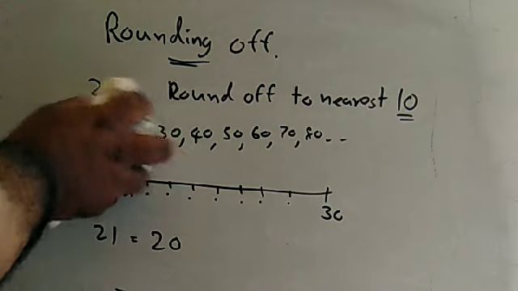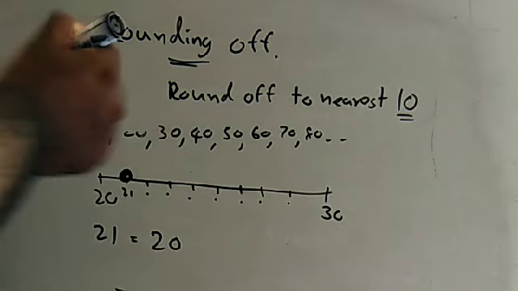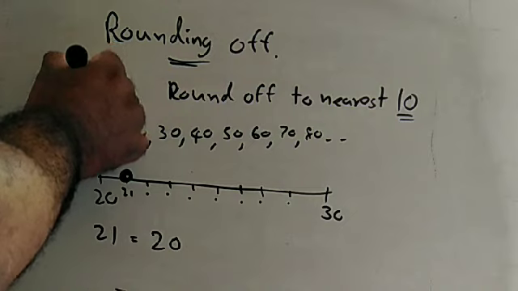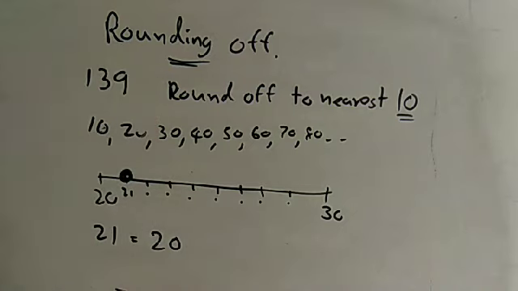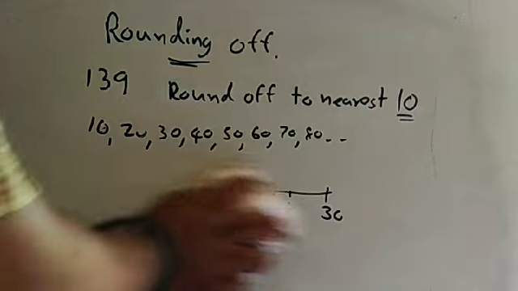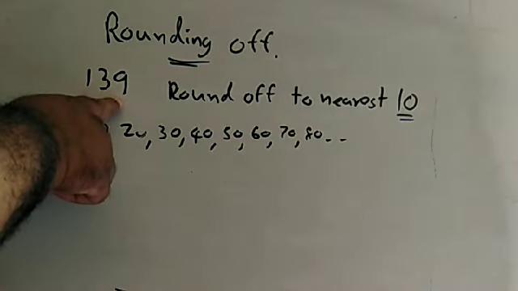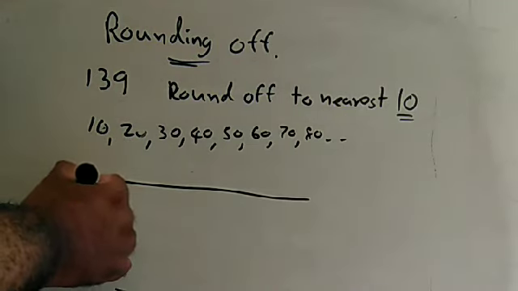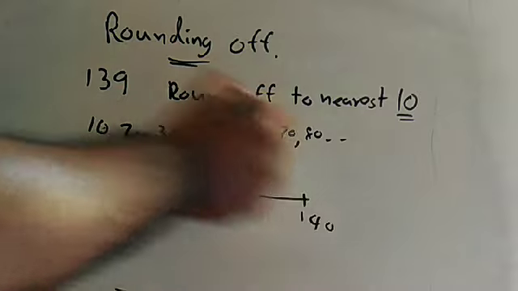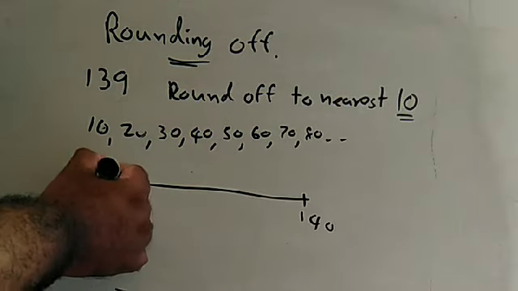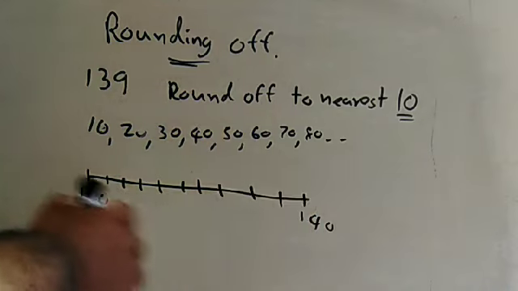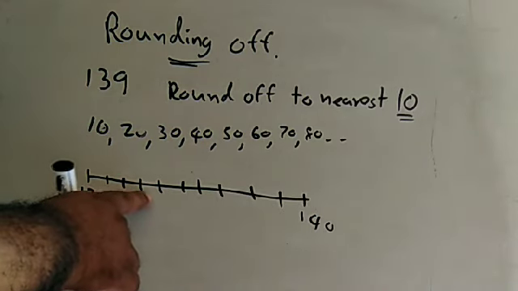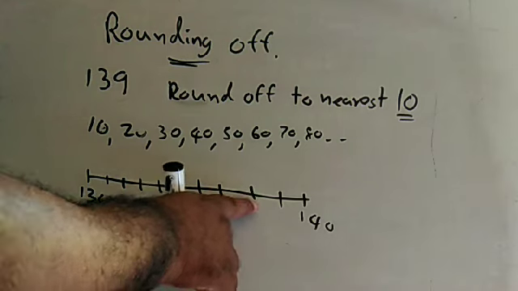Okay. Another one. 139. Round off to the nearest 10. Now tell me, 139 is between 130 and 140. Here, 131, 132, 133, 134, 135, 136, 137, 138, 139.